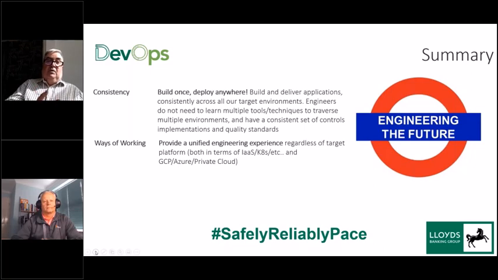So ways of working, the unified experience, the one look and feel is really important, because we went from guys who were deep in one technology or one application to wanting T-shaped individuals who had a breadth of experience and one depth. We now want comb-shaped individuals.